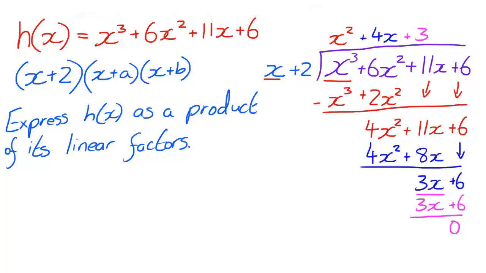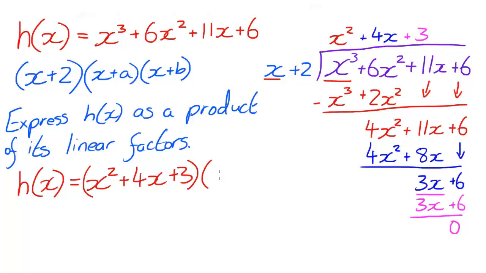So we have our h of x. Let's write that in. This is what you would write down in the exam. So h of x equals x squared plus 4x plus 3 times x plus 2. That will get you all but one of the marks.